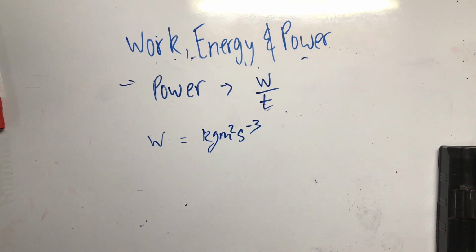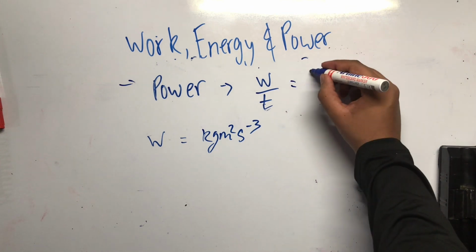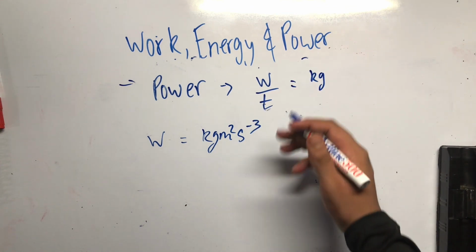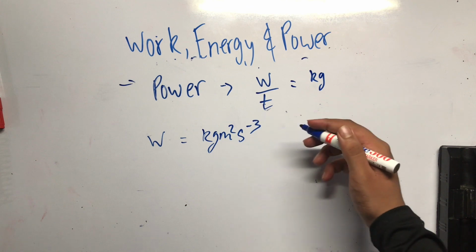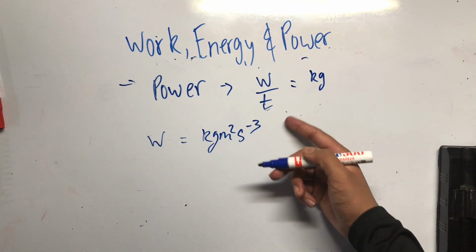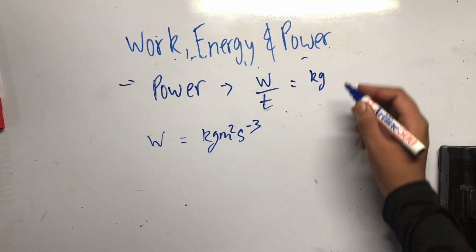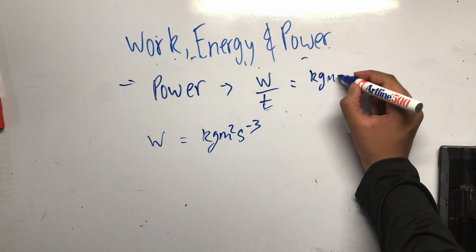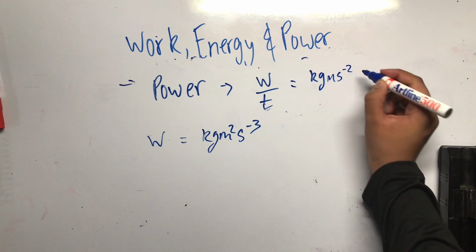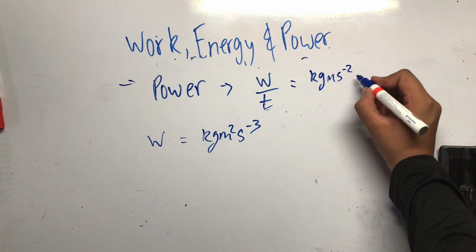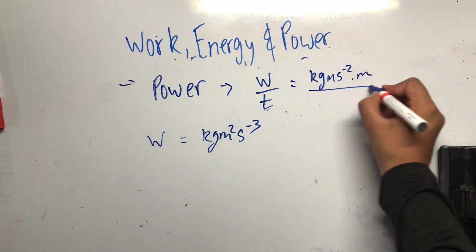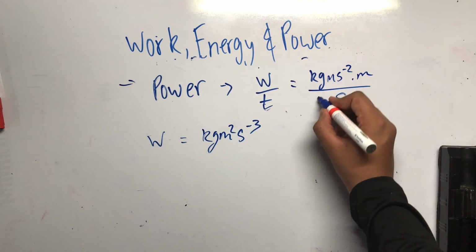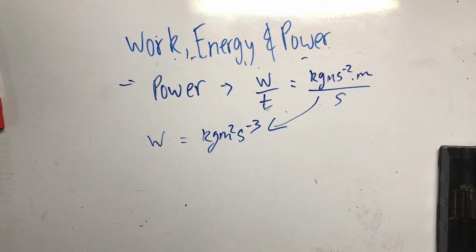So you can just derive this by dividing the derived unit of work by the base unit of time. So the derived unit of work is equal to kg m minus 2 times your m upon s, which gives you this.